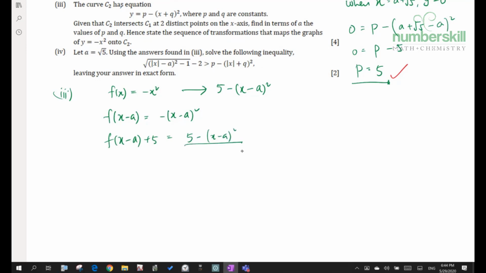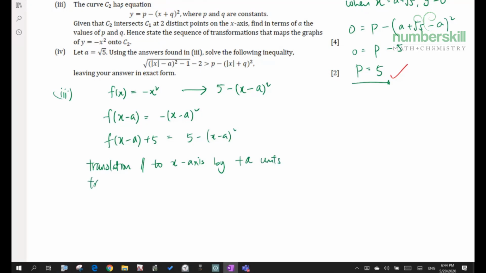So you need to describe the transformation in English. The first one is a translation parallel to the x-axis by positive a units.